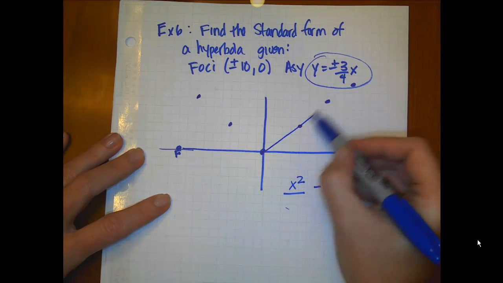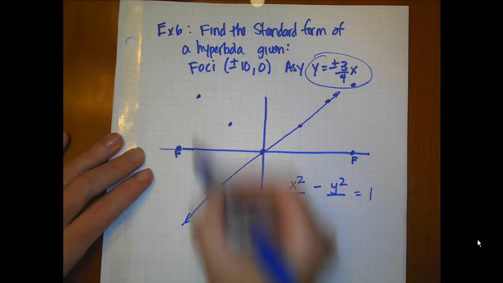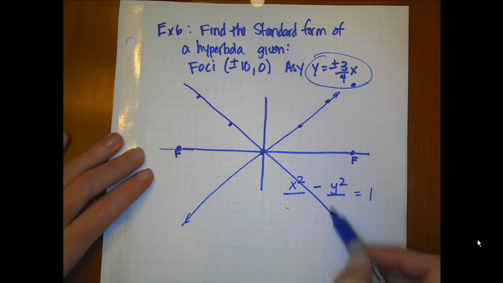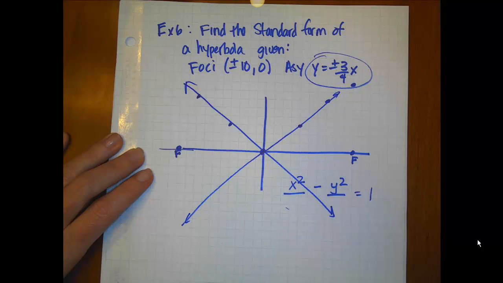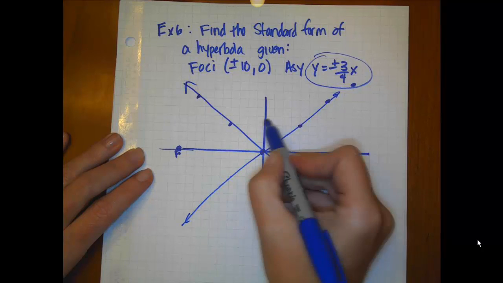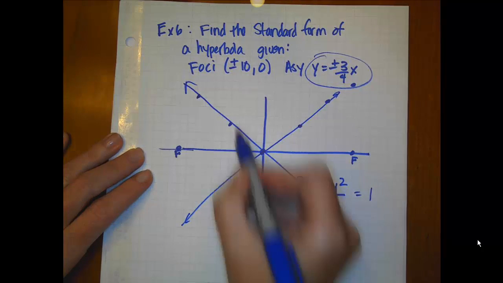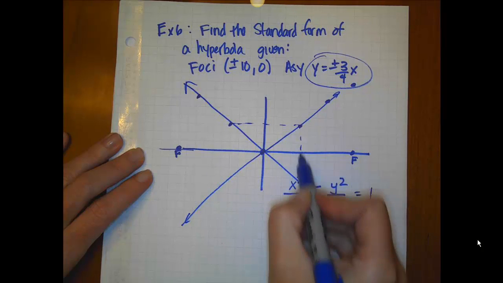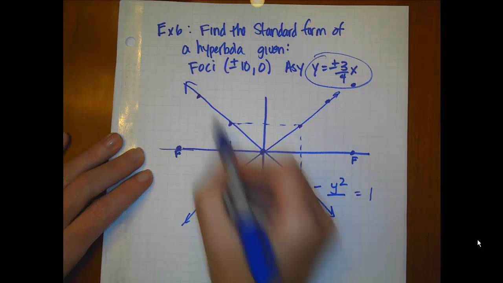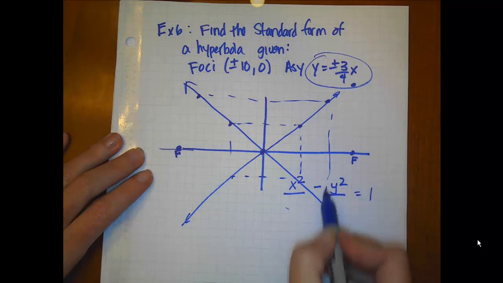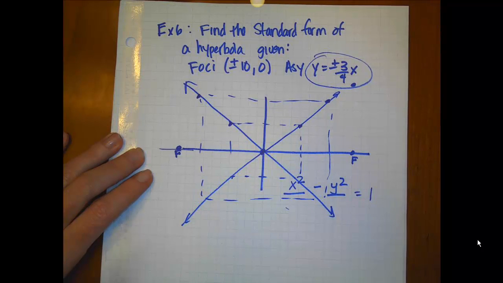These are the equations of my asymptotes. But how do I know how long my transverse axis is, and how long my conjugate axis is? Because this could be my rectangle, but then couldn't this also be my rectangle? And we need to know which one it is.